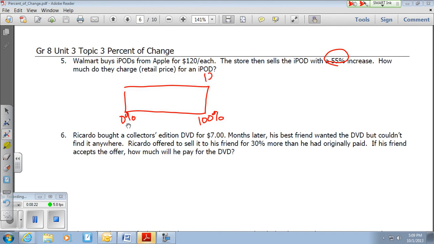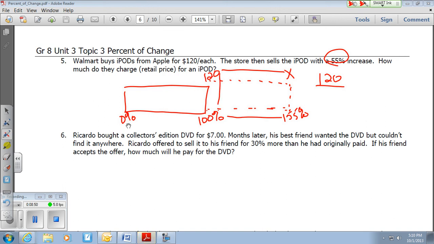So 120 here, and that's our 100%. And then we're going to extend this out another 55, so up to 155%. So this is what we're looking for right here. You can use those numbers to set up your proportion of 120 over x equals 100 over 155, or you can do 120 over 100 equals x over 155.